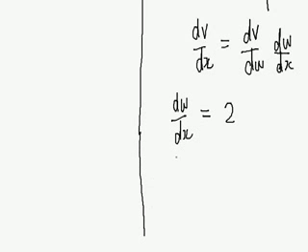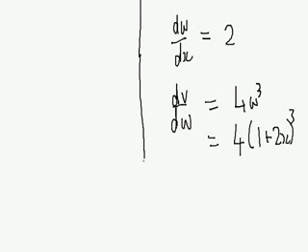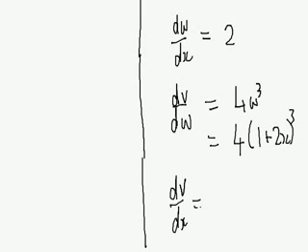So again, what we've got here, dv/dw is equal to 4w to the 3, okay, which is equal to, we know w is equal to 1 plus 2x, so we've got 4(1 plus 2x) to the 3, and finally, again keeping this separate, we've got dv/dx is equal to that multiplied by that, so we've got 8(1 plus 2x) to the 3.